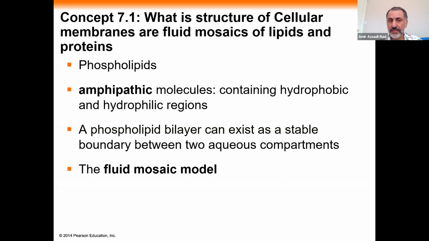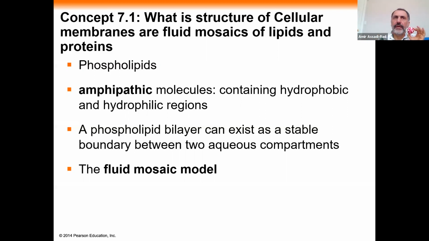The fluid mosaic model says, for example, if this is a phospholipid bilayer, these white structures you see are protein molecules embedded in here. Those white structures in the phospholipid bilayer do move around. They're not stationary.